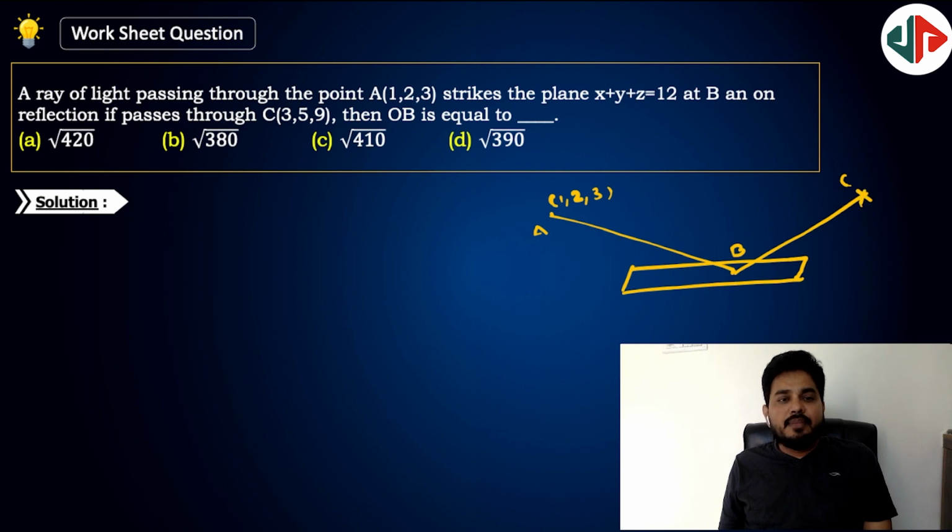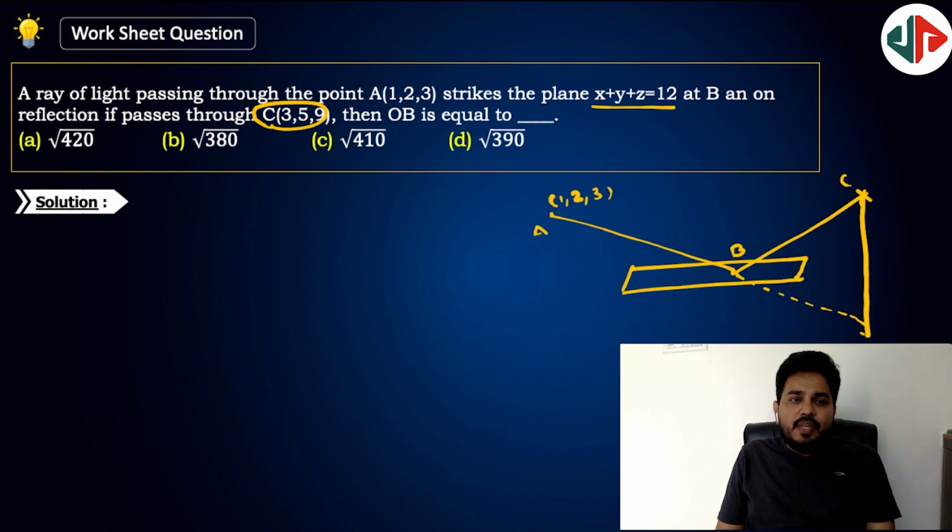The reflection passes through C. What is OB? I need the B point here. If you find the image of C, the reflected ray will pass through it. So you need to find the reflection of C with respect to this plane.